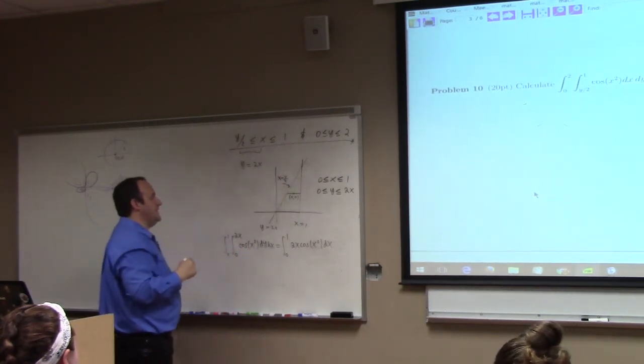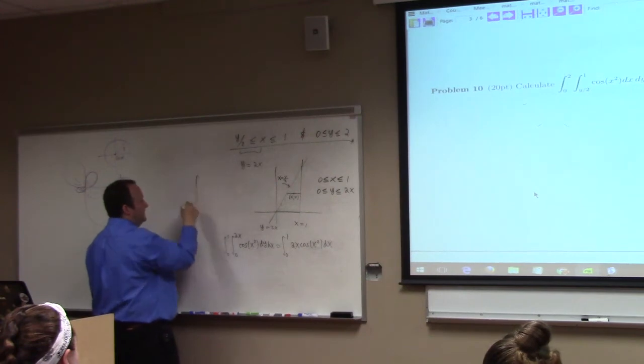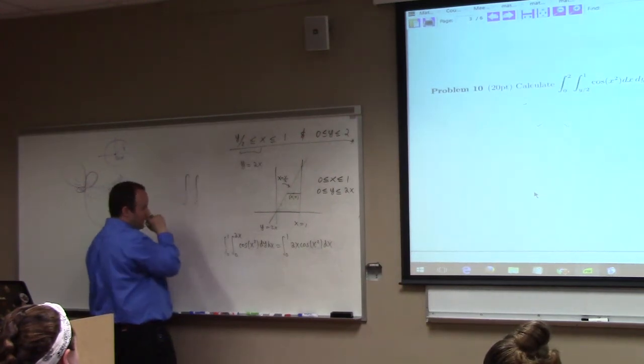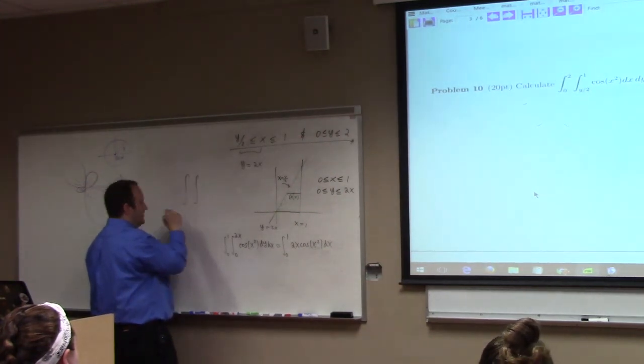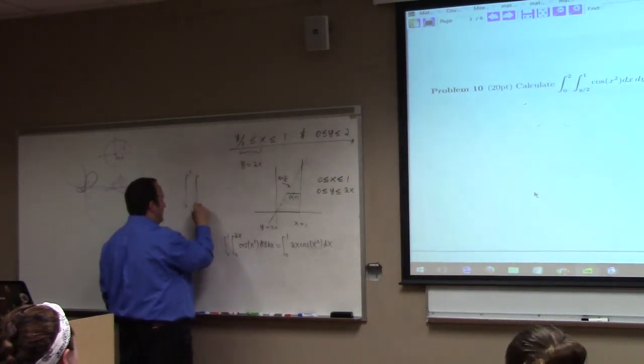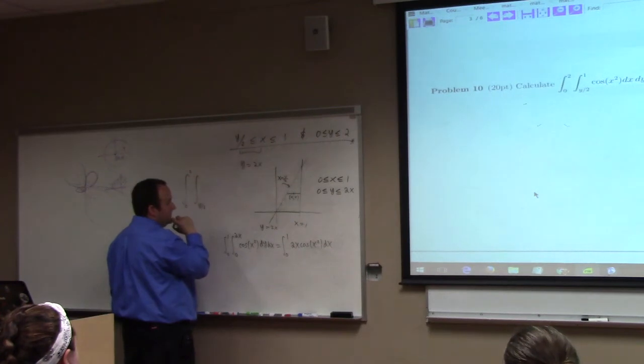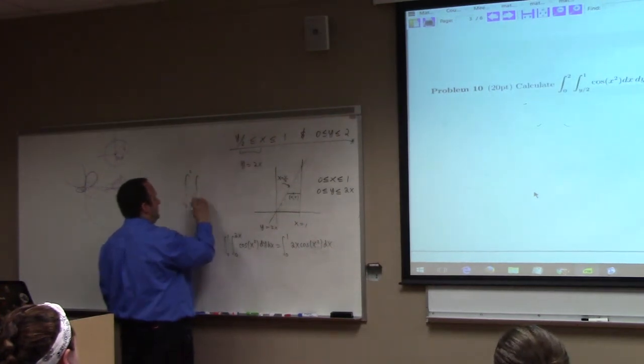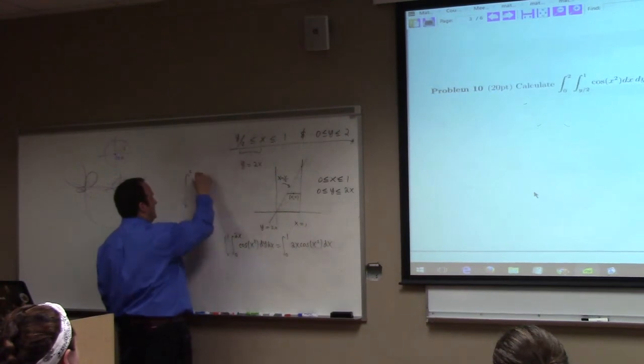Let's see here. If I had had in the integration, I could have had the integration from 0 to 2, integration from y over 2. No. From 0 to y over 2.